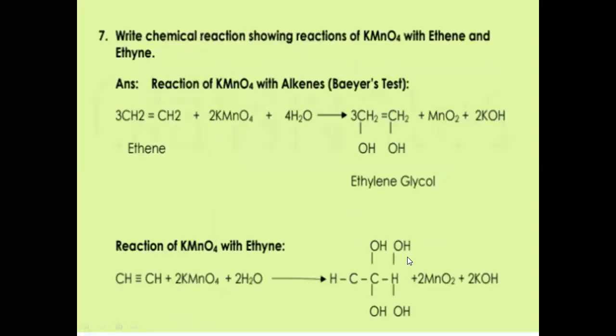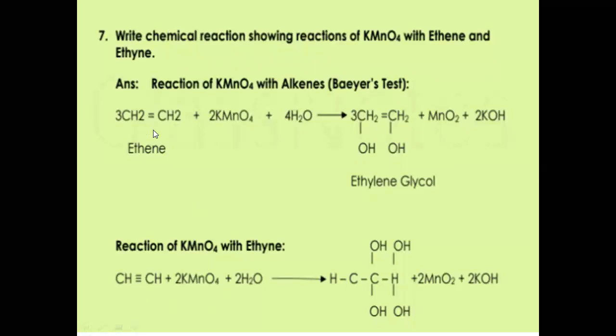Question number 7, write chemical reactions showing the reaction of potassium permanganate with ethene and ethyne. Again, the same thing, that is the Baeyer test, Baeyer's test for alkenes and Baeyer's test in case of the alkynes.